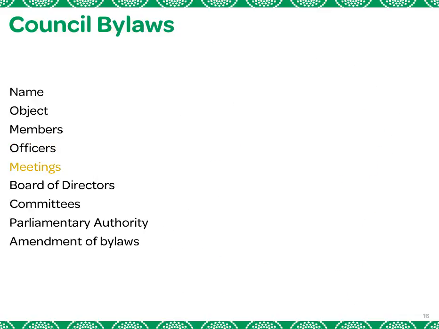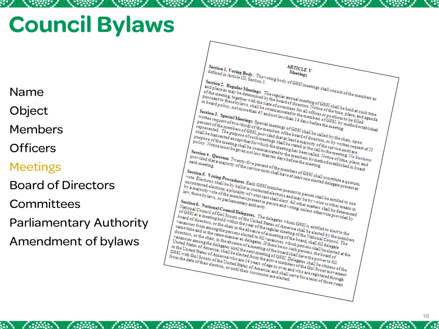Article 5 deals with meetings. The regular annual meeting date and time are set by the Board of Directors. Notice of the time, place, agenda, and slate of nominees are shared with the members between 45 and 14 days before the meeting. Special meetings can also be called by the chair upon written request of 2/3 of the members of the Board of Directors or 25% of the members of GSSI.